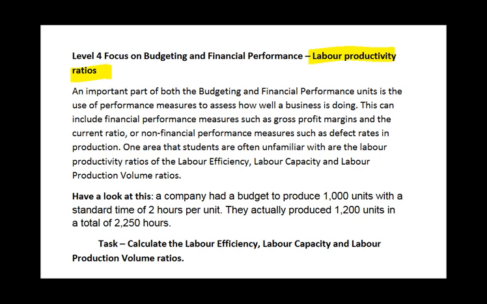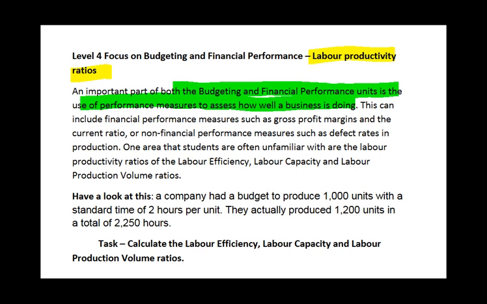As we've said, it's an important part of both budgeting and financial performance that we can use performance measures to assess how well a business is doing. That can include financial performance measures, such as gross profit margins and current ratios, the typical ratios you might have come across.